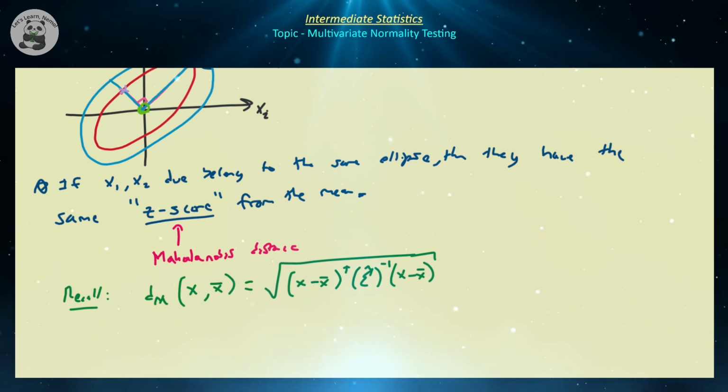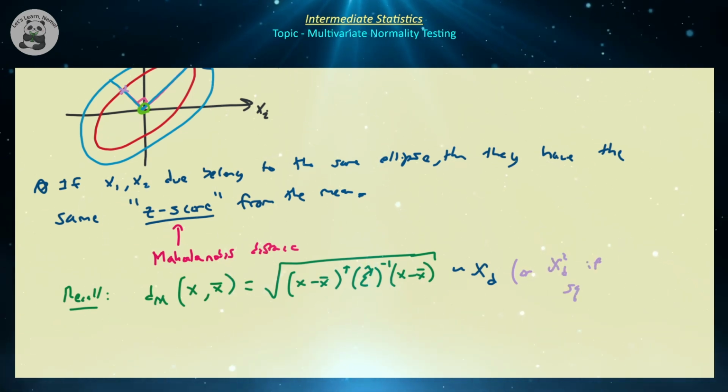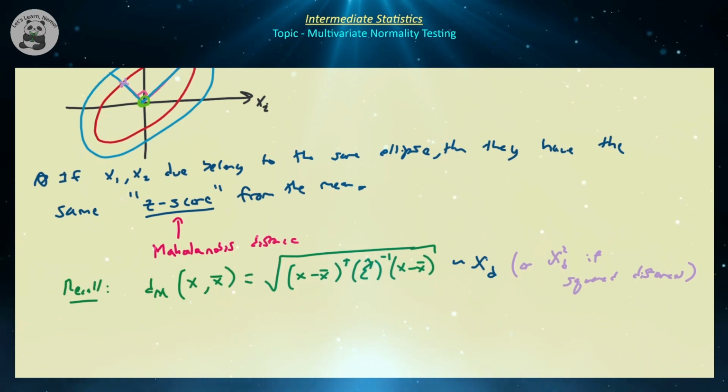And remember that if it is multivariate normal, then these are going to be associated to a chi distribution with d degrees of freedom. Or if you don't have a chi distribution calculated for critical values, you can use a chi-squared distribution with d degrees of freedom if they are the squared distances. So squared Mahalanobis distances follow chi-squared, and just Mahalanobis distances follow a chi distribution.